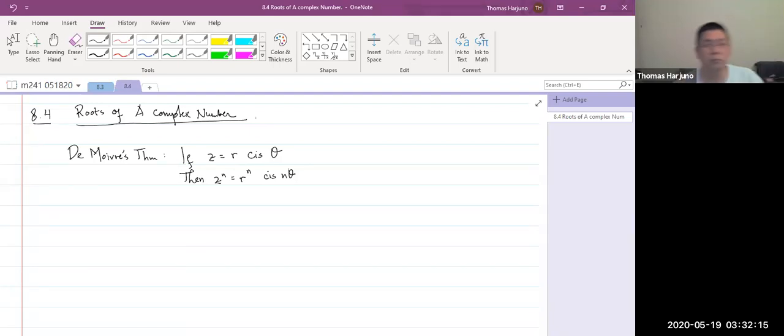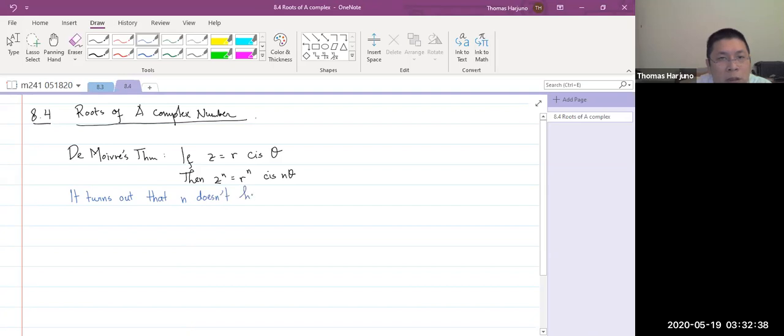You see, right? Now, it turns out that n does not have to be an integer. Okay, it doesn't have to be an integer.